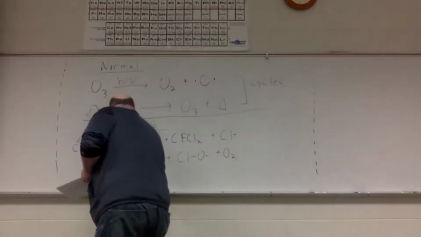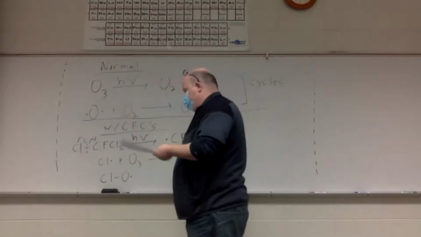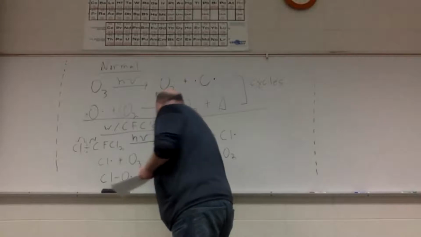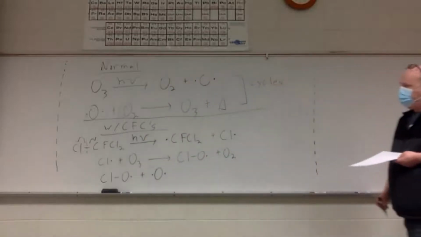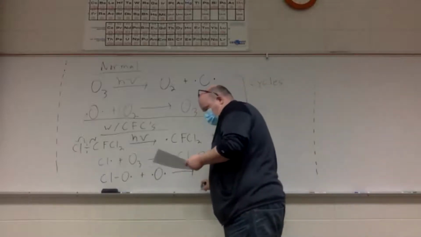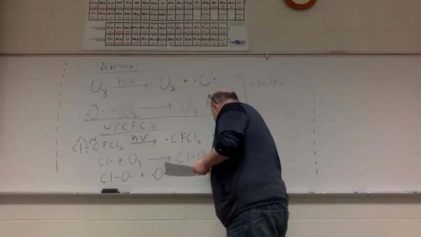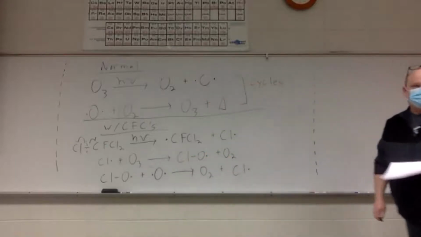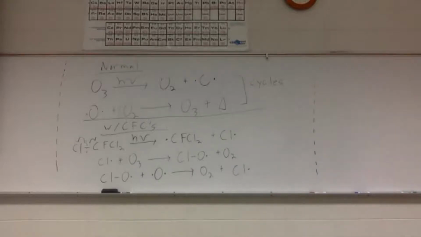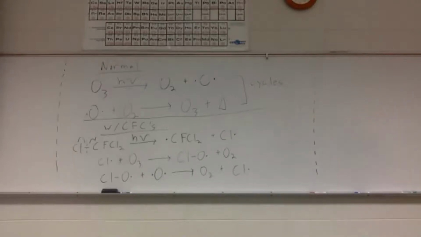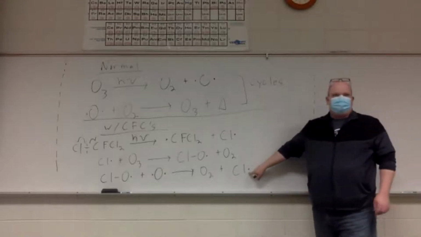That ClO radical that you just formed can react with an oxygen diradical that might be in the area from all this up here. That forms O2 and more Cl radical. This is a propagation. Remember we talked about initiation, propagation, termination? This is a propagation because what can this Cl radical then do?